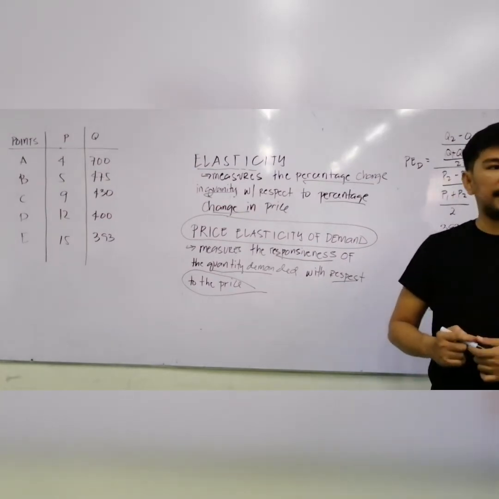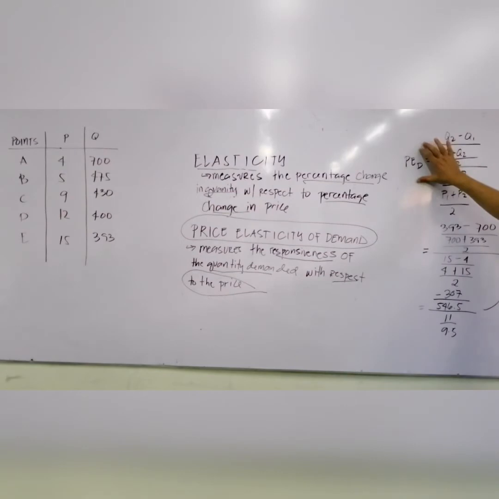Now mathematically, it is expressed as price elasticity of demand equals (Q2 minus Q1), meaning this is the new quantity demanded because there's a change, minus the original Q, over (Q1 plus Q2) divided by 2, so you get the average.